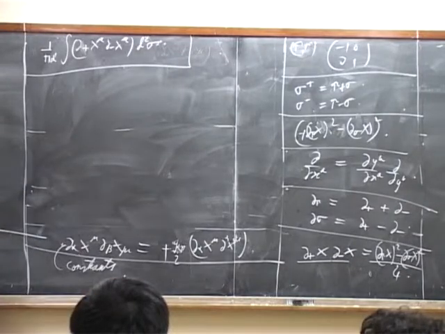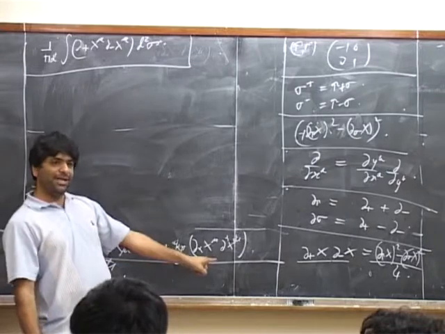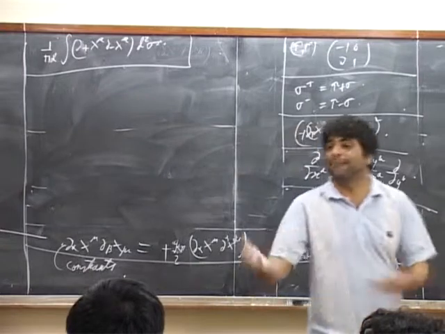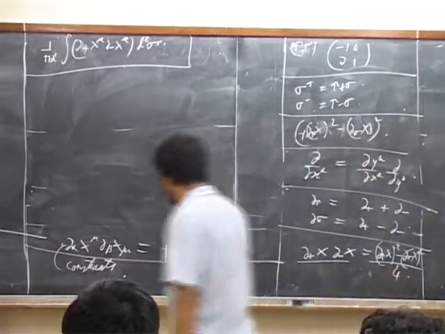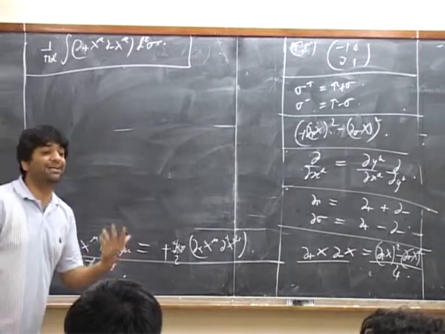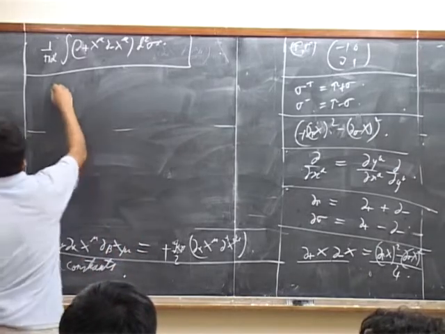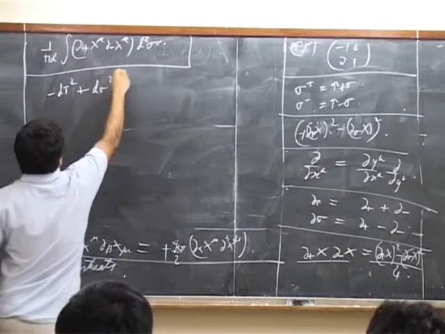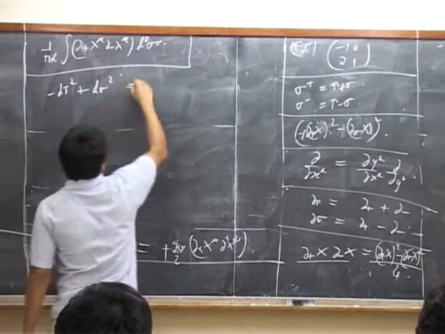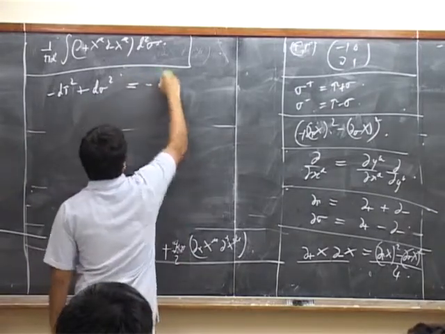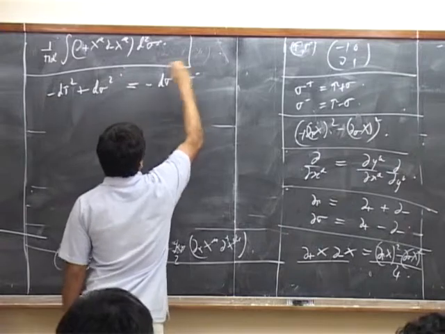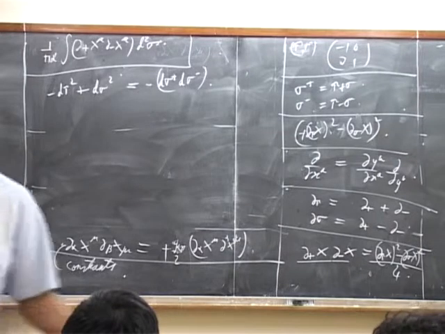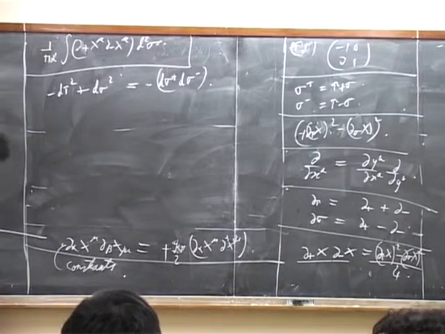Okay, so this constraint here was of this form in any set of variables. So let's use it in the variables alpha, beta, ranging over plus and minus. In order to use it, I need to know what G alpha beta is in terms of plus and minus. Minus d tau squared plus d sigma squared is identically the same as minus d sigma plus d sigma minus, since a plus b times a minus b is a squared minus b squared.